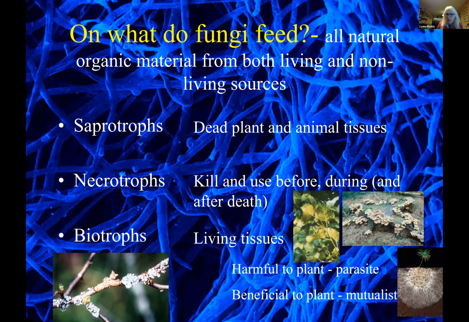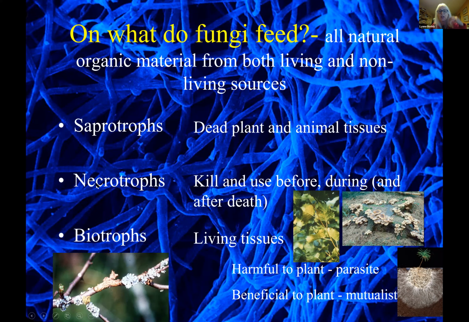So on what do fungi feed? Well, if we take that huge kingdom, 3 or 4, 5 million species as a whole, then the fungi can actually probably live on every organic compound that there is. Fungi live on both dead organic matter and on living organisms. There are 3 broad groups of fungi that we can distinguish, although these can blur into one.